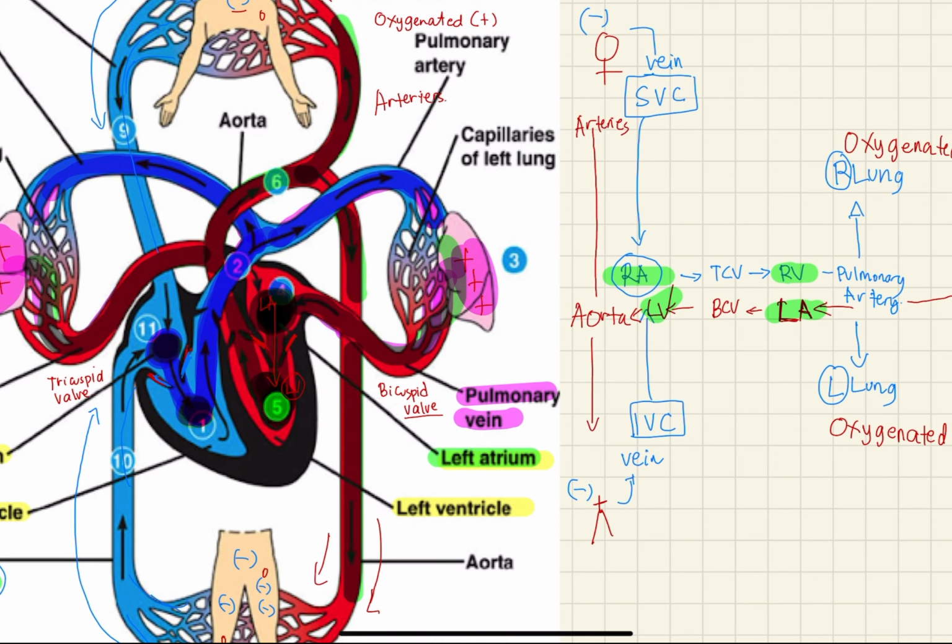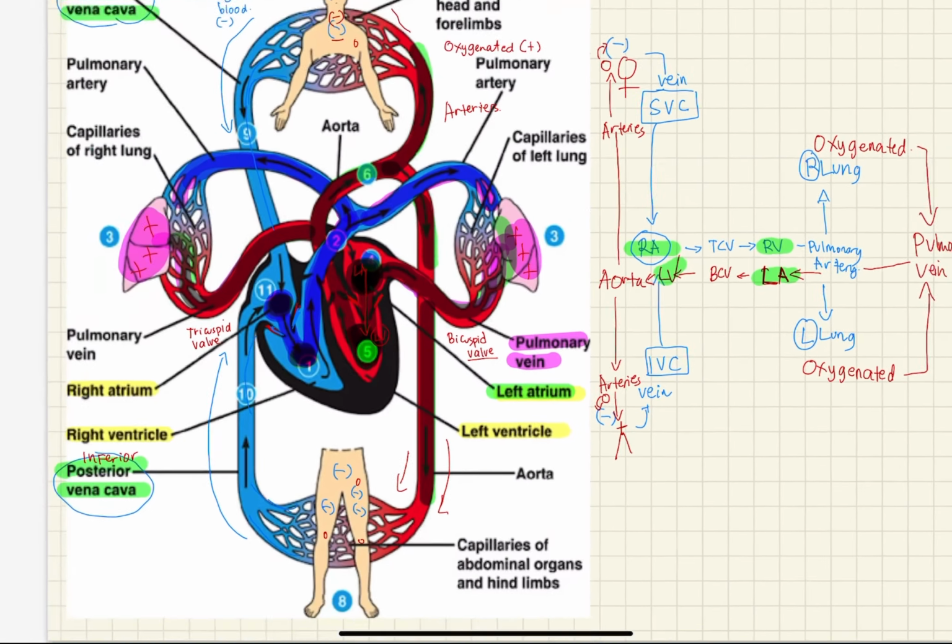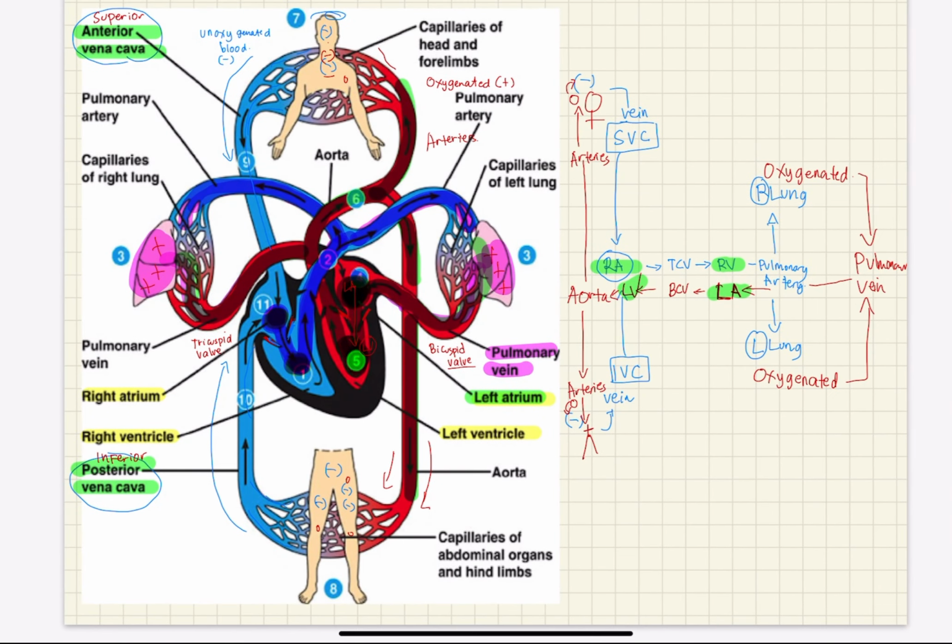Okay. And then they will go to the upper and lower parts of the body. And then the oxygen will now become consumed. So, magiging unoxygenated na po ulit yung ating dugo. So, that's what happens po in the circulatory system of the neonate.